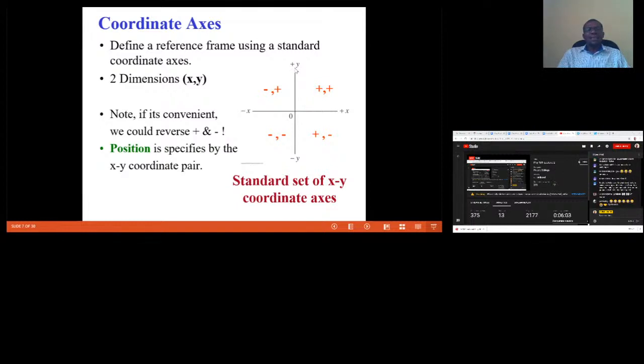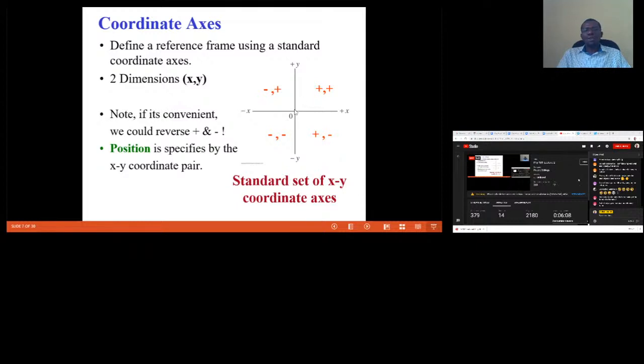It constitutes two axes: the horizontal axis, which is mostly referred to as the x-axis, and the vertical axis, which is commonly referred to as the y-axis. The coordinate system is used to describe the position and the direction.